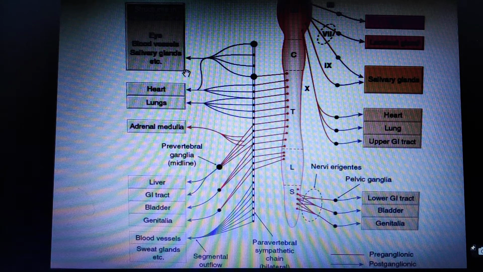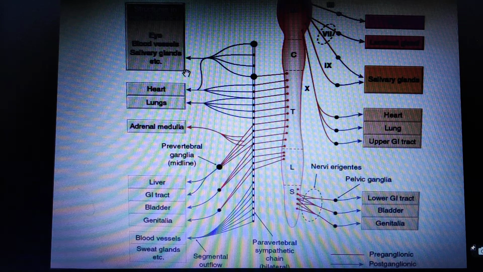Now, if you can see in this picture, the T and L, that is thoracolumbar, these nerve fibers, which are basically preganglionic, start and end in the ganglion. The ganglion is actually a collection of nerve cells. They are present along the spinal cord.